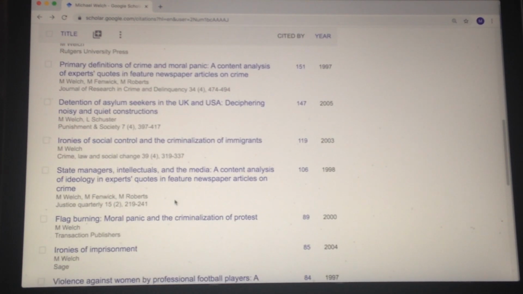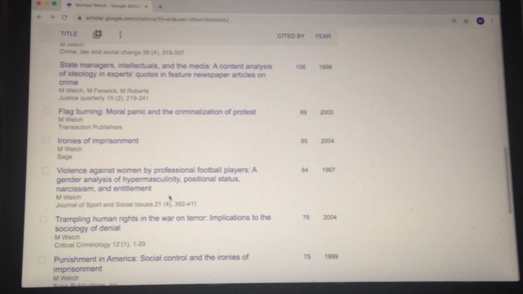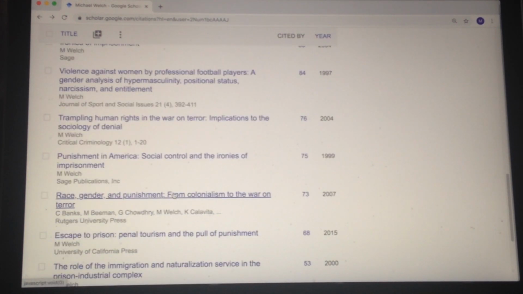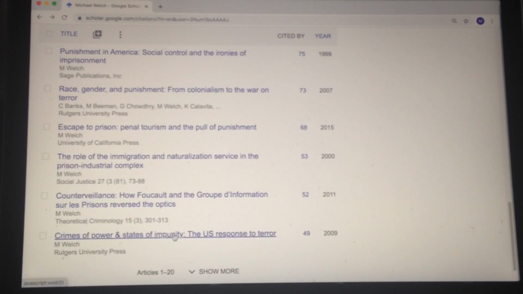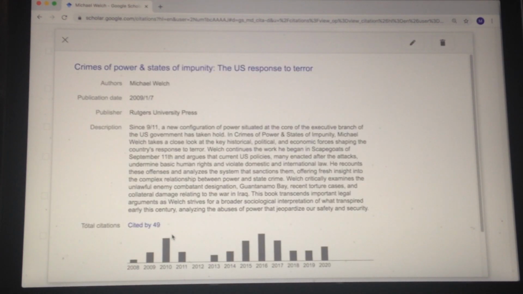And we also have the companion book, Crimes of Power. Again, I'm not requiring this book. The articles that you will be reading have stemmed from this book, Crimes of Power, States of Impunity: The U.S. Response to Terror.